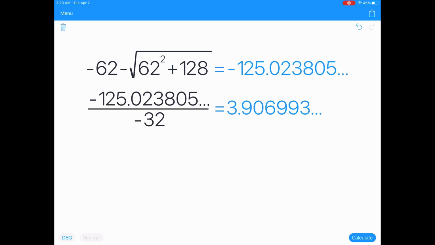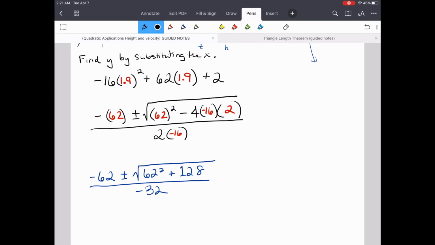So positive 3.9. Now I'm going to go back to my work. I know there's a lot of back and forth here. So our roots, which give us enough information to figure this out, are negative 0.03, so pretty much 0, it's pretty darn close to 0, and positive 3.9.